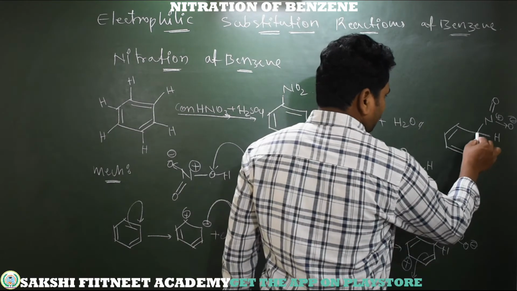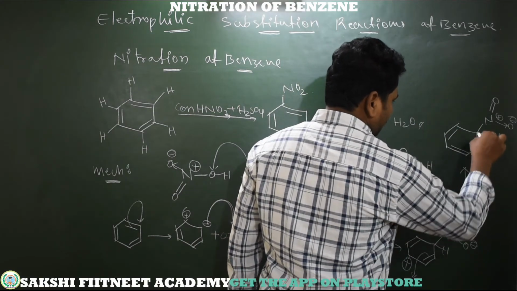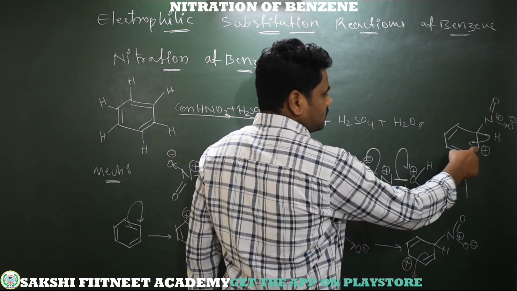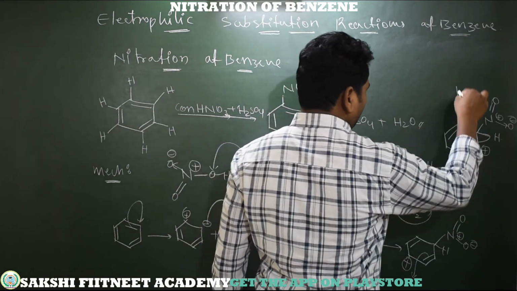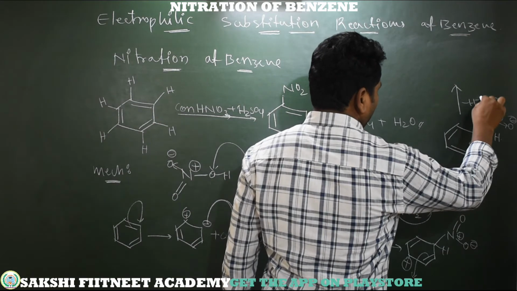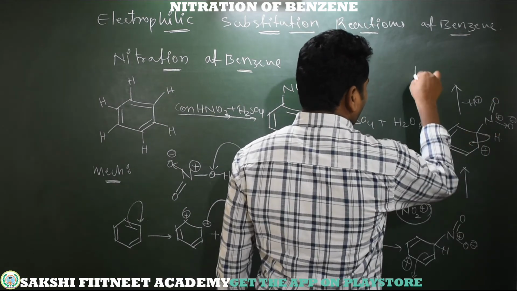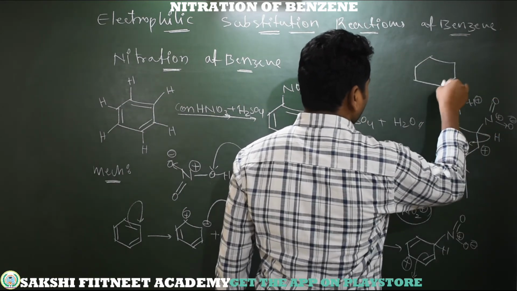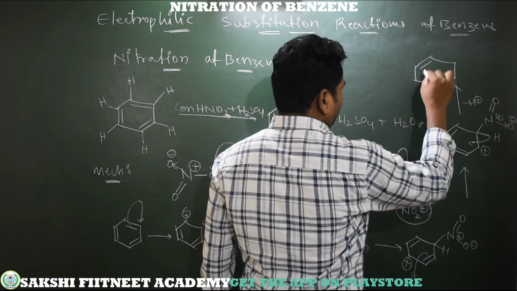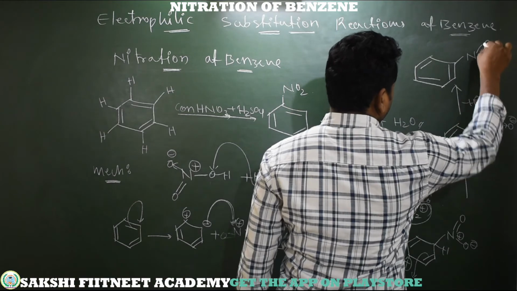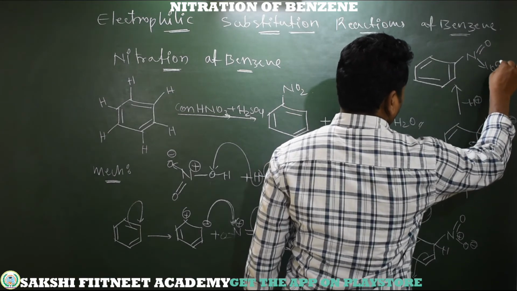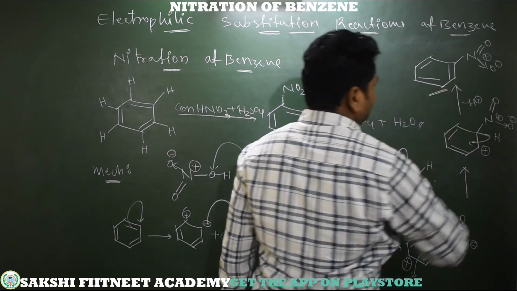That means simply the carbon to hydrogen sigma bond becomes a carbon to carbon pi bond, and here this carbon becomes neutral. And this hydrogen comes out as H plus, minus H plus, and we are getting the major product, that is nitrobenzene. Here pi bond, here pi bond, and here we got NO2. So this is the nitrobenzene.